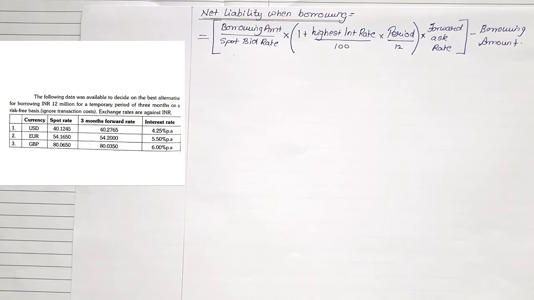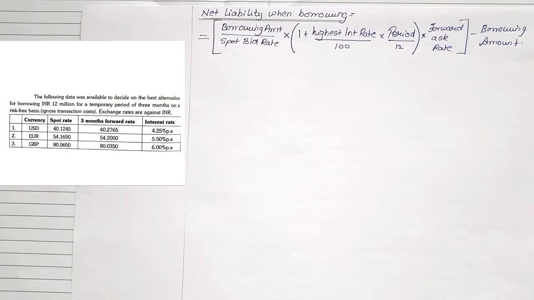Ignore the transaction cost and the exchange rates are against INR. So they are giving you currency USD, Euro and GBP. They are giving you the spot rate, the 3 month forward rate, and the interest rates, and they're asking us to find the best alternative from where you can borrow.